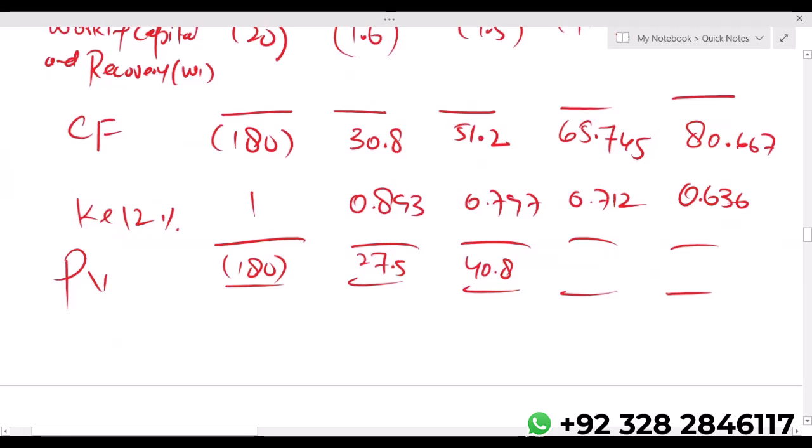Then 65.745 multiply by 0.712, 46.8. 80.667 multiply by 0.636, 51.3.